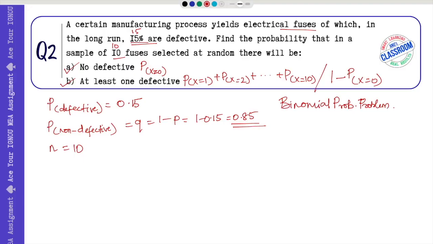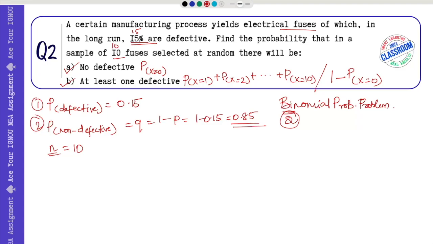Why? Because we have a fixed number of trials, that is n is equal to 10. Ten fuses were tested and each trial has only two outcomes: either it is defective or it is non-defective. Is there anything in between? No. So only two outcomes. Bi means two outcomes. Binomial problem.